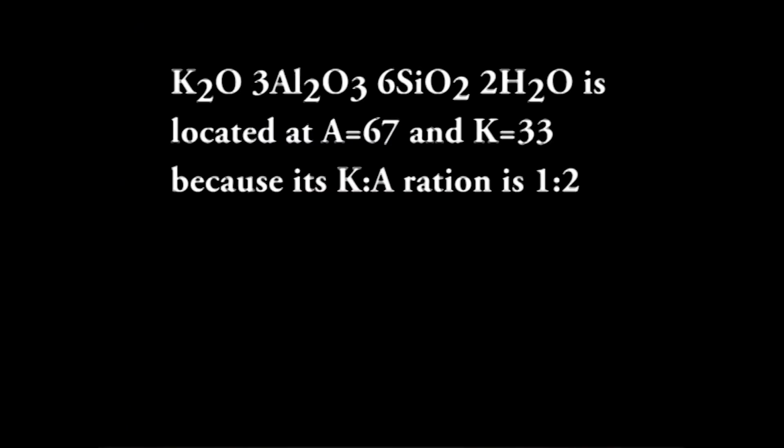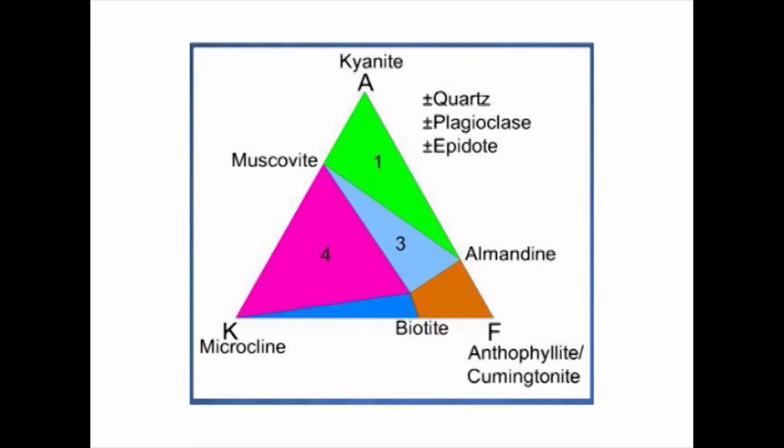Muscovite of ideal composition K2O·3Al2O3·6SiO2·2H2O is located at A equals 67 and K equals 33, because its potassium to A ratio is 1:2, and an amount of Al2O3 equal to 1 K2O has already been subtracted from the Al2O3 values.